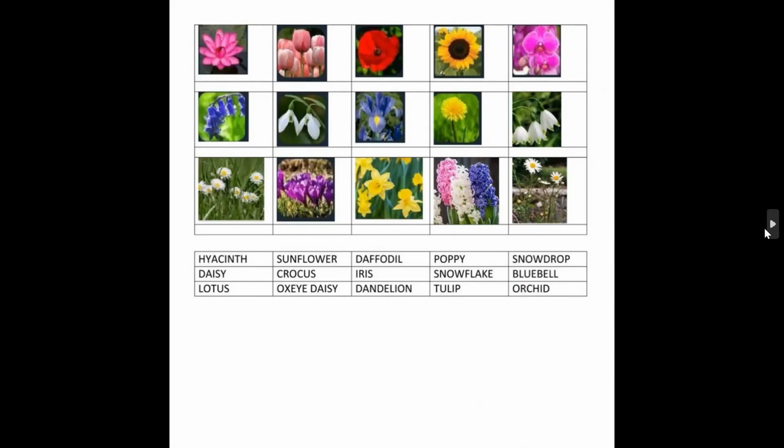I assume that you're ready now. So I will tell you the answers. I will go from the top to the bottom, from left to right. Okay. So that pink beauty in the top left corner is the lotus.